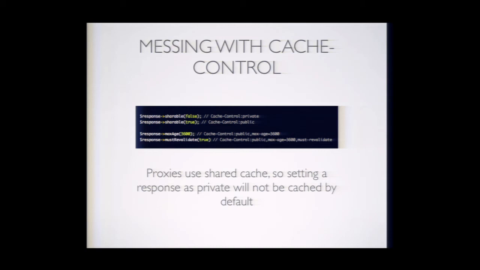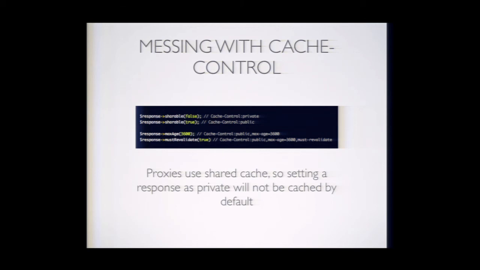For example, if you're serving a bank account detail page, you probably should set cache control to private instead of public, because if that request gets cached in a shared proxy, you will probably be displaying sensitive data to other users, which is not good.